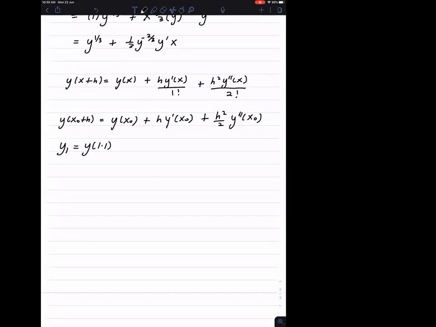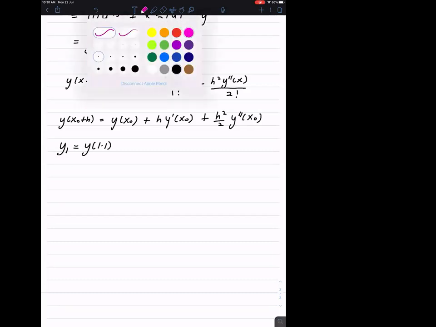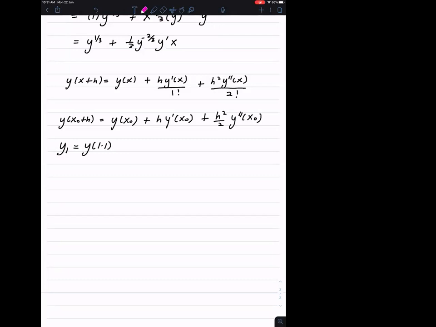This is what we want to find, the value of y at 1.1. So this is the x value: 1 plus the step size 0.1. That's what it means.